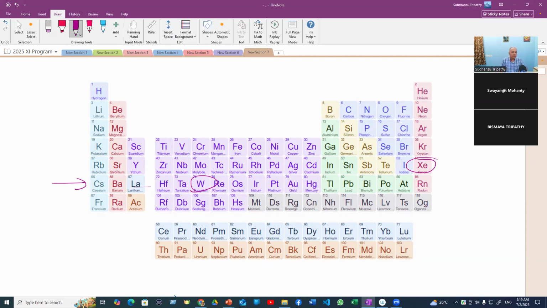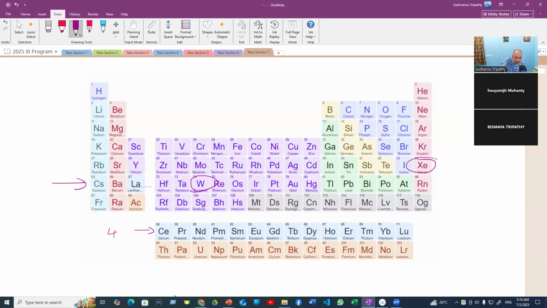No, no, not after the s block. After 6s comes what? In Madelung's rule, in the Aufbau order, it is 4f. 6s, then 4f. 4f means you are entering into here.